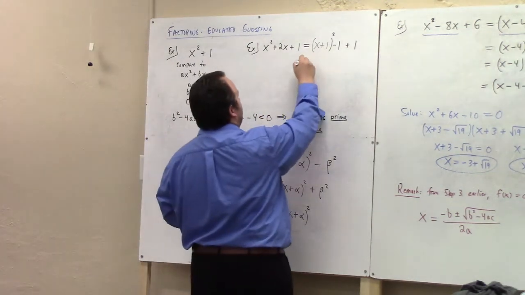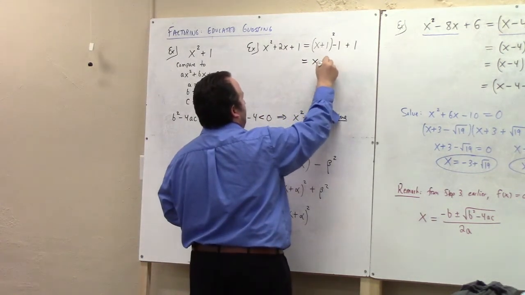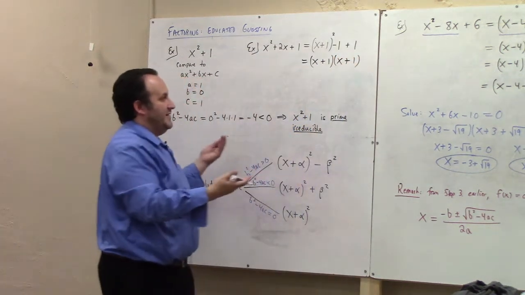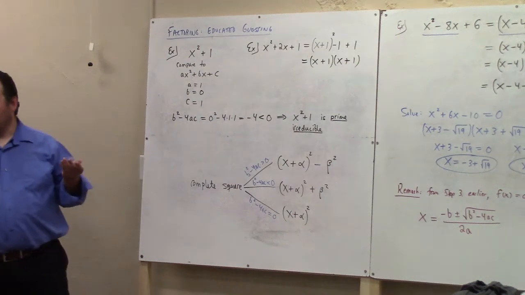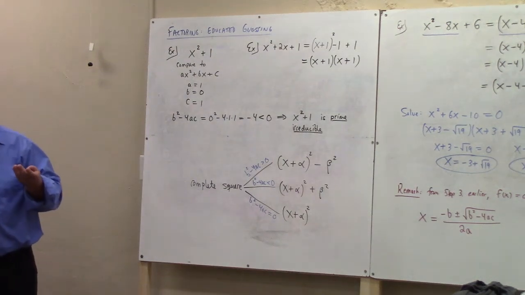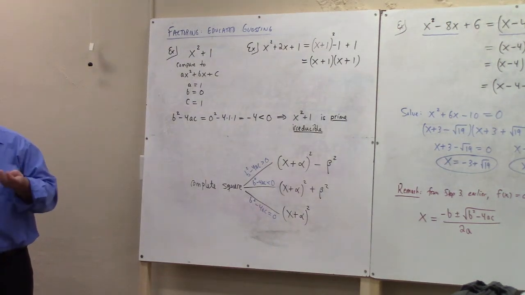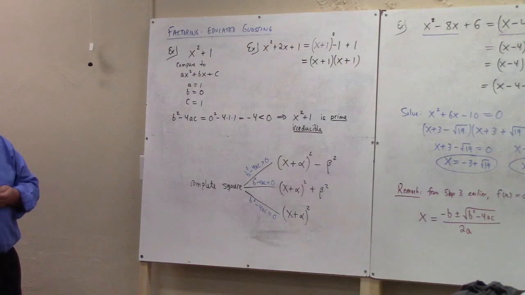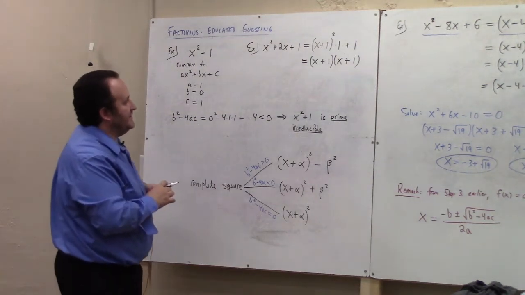Hey, wait a minute. And so this is what you should have noticed anyway, right? x plus 1 times x plus 1. That's how you factor this. We would get that from guessing and checking. But we just derived it from completing the square. Okay, so yeah, there it is.